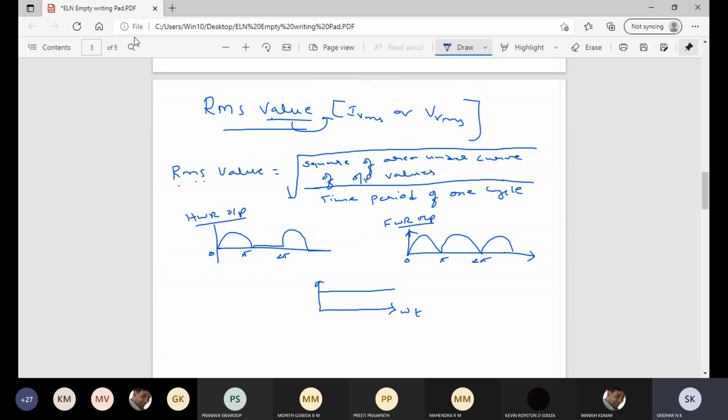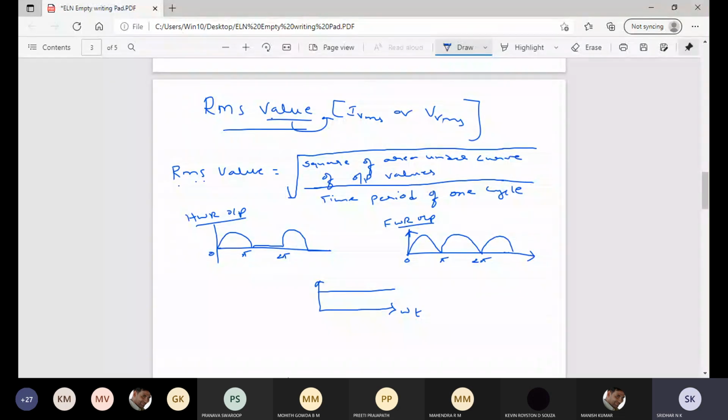It has an AC component as well as a DC component. Means the output of both rectifiers has AC values and DC values.